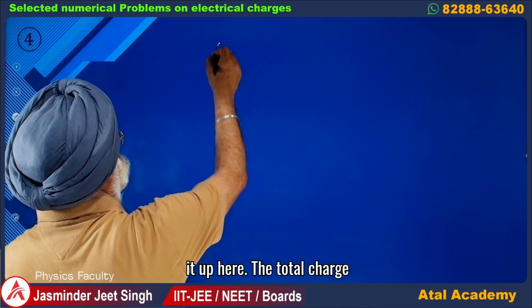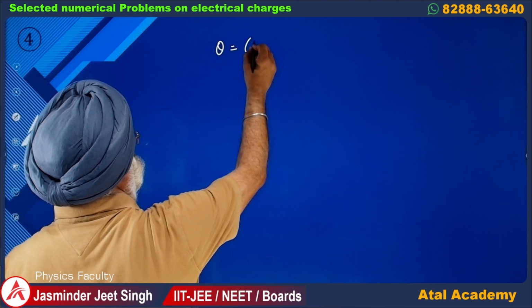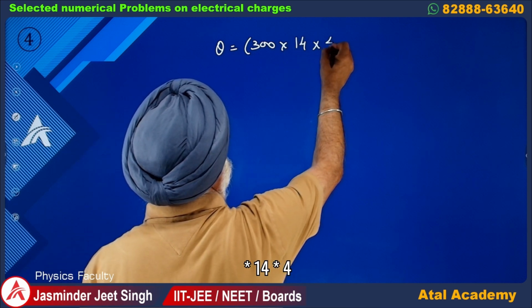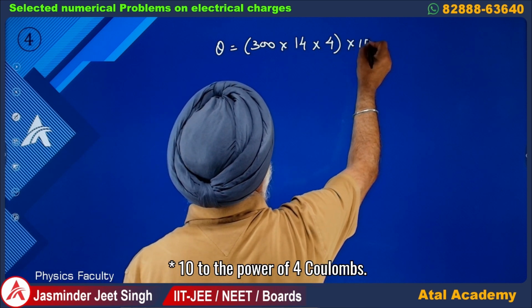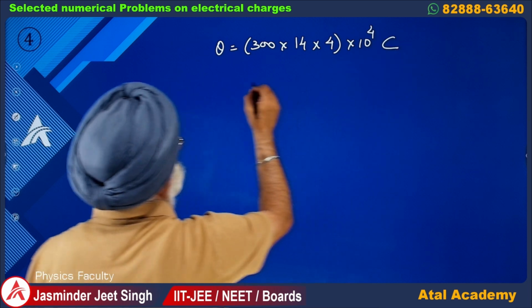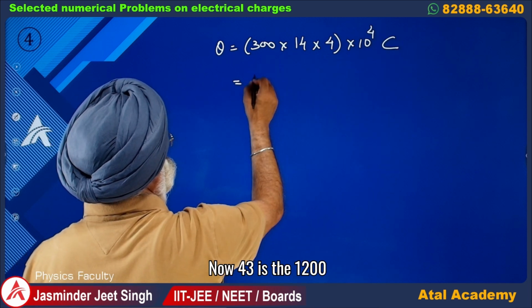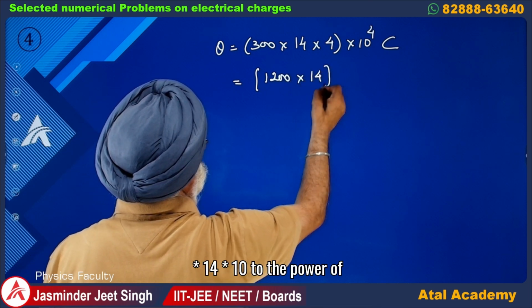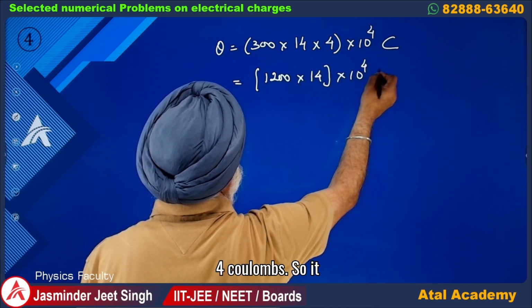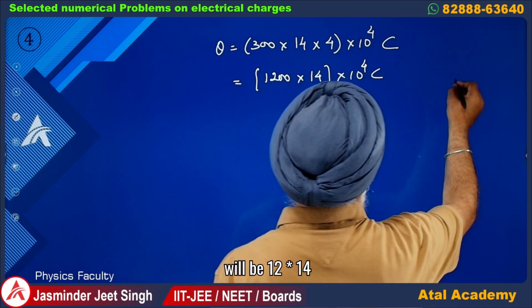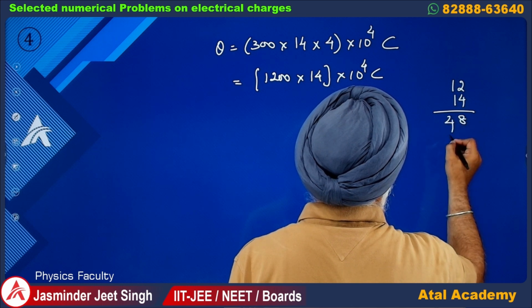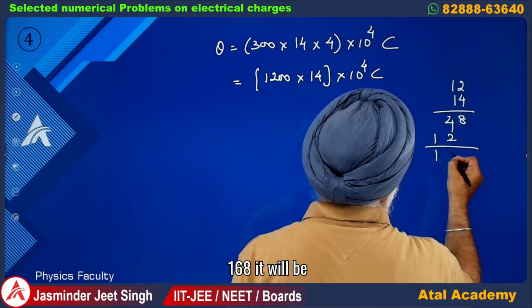The total charge will be 300 into 14 into 4 into 10 to the power of 4 coulombs. Now 4 3s are 12, so 1200 into 14 into 10 to the power of 4 coulombs. So it will be 12 into 14, 168.